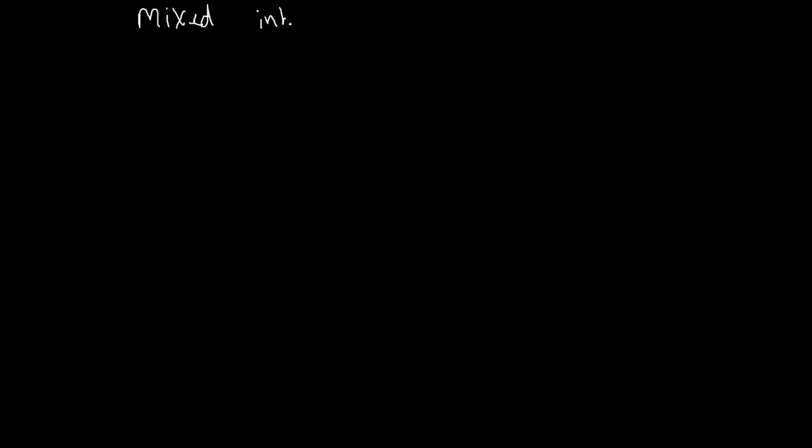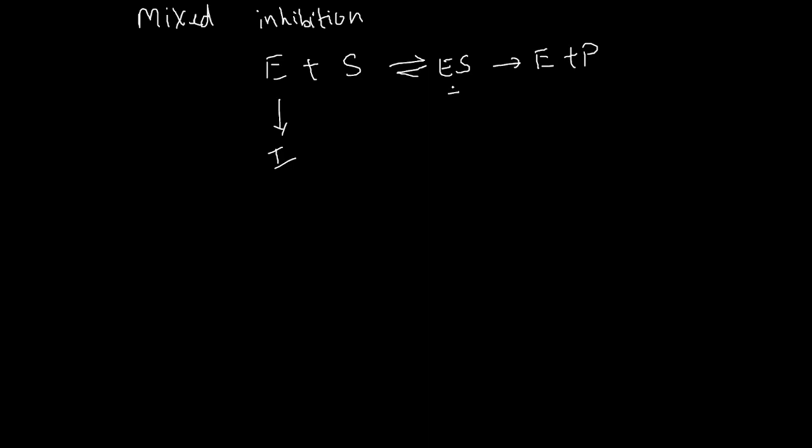So mixed inhibition, where enzyme is forming this ES complex and then it is forming E plus P, right? An inhibitor can bind to this site. It can also bind to this.